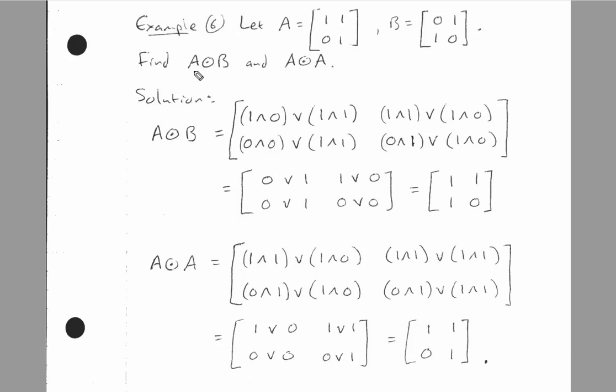All right, so for AB, yeah, we're still multiplying rows by columns. If it was just matrix multiplication, it would be 1 times 0 plus 1 times 1. But now instead of that times, we have 1 and 0. And instead of plus, we have or, 1 and 1.